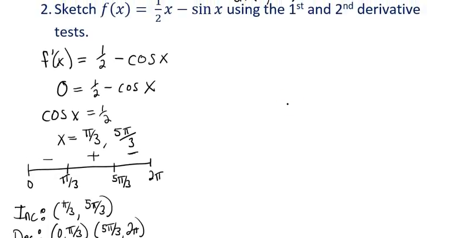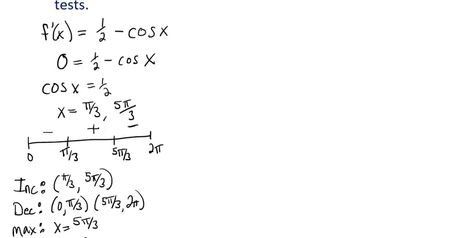Now let's go up and do our second derivative test. So our second derivative is the derivative of this right here. So the derivative of 1/2 is 0, so that's gone. And then I have the minus, and the derivative of cosine is negative sine. So I would get two negatives and end up with just a positive sine x as my derivative.